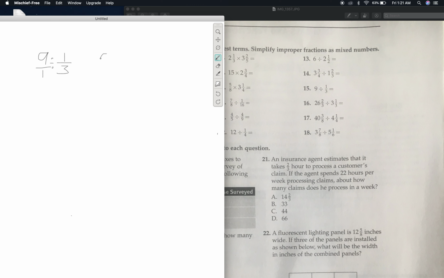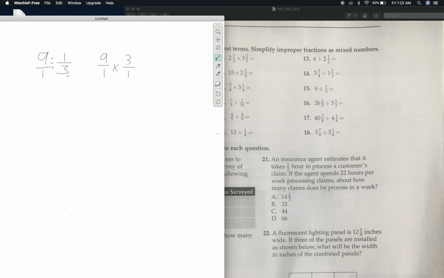What I generally do, guys, is this to me is obvious. So when I look at the problem, instead of writing it down like this first, since I know I have to invert that, I just put 3 on top and 1 underneath and put the multiplication sign like that instead of doing that whole step there.